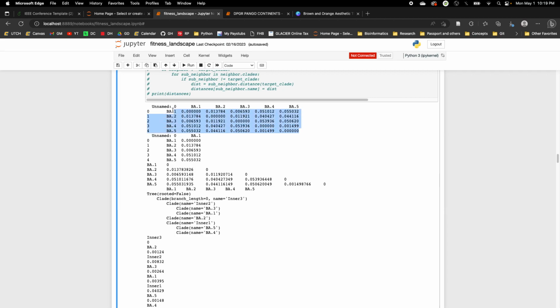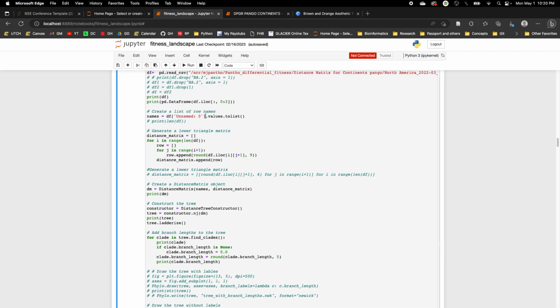So this matrix basically tells the fitness values of BA1 with respect to other sub variants of the Omicron. So BA1 and BA5 are this amount of fit, BA1 and BA4 are this amount of fit, and BA1 and BA3 are this amount of fit.